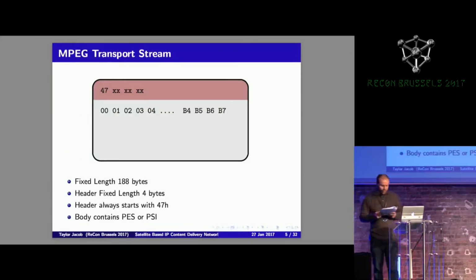So before I dive in, I want to briefly cover some technical aspects of the satellite systems and the video formats. DVB is the most prevalent digital video broadcasting standard in the world. There's three main types. There's DVB-T for terrestrial, DVB-C for cable television, DVB-S for satellite. There are newer versions, DVB-S2, T2, and C2. And although the V in DVB would indicate that it's for video, it can also carry any other type of digital content.